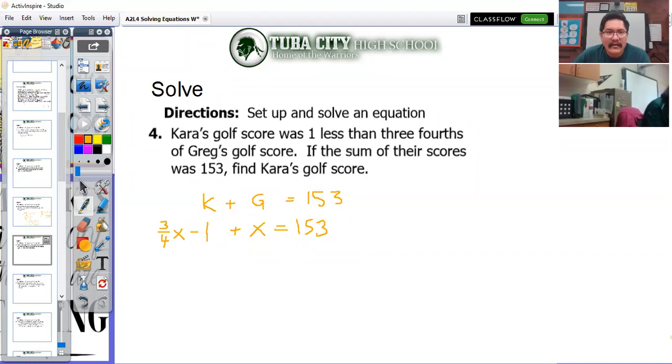So how do we go about this is the question I'm going to ask, because we could use mixed numbers, or we could also just, I don't know. But I'm just going to do it the same way I did it with my morning classes. So add 1 to both sides, and let's go ahead and combine our X values at the same time.